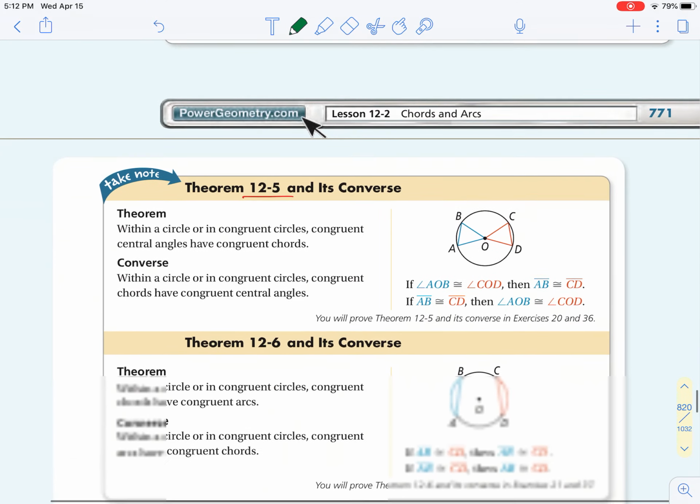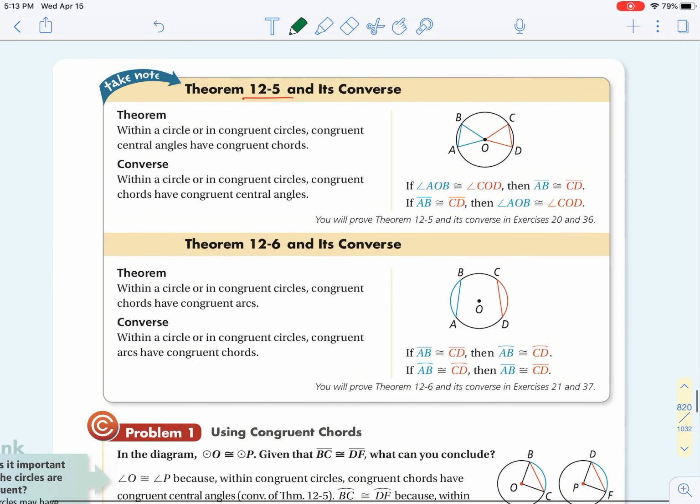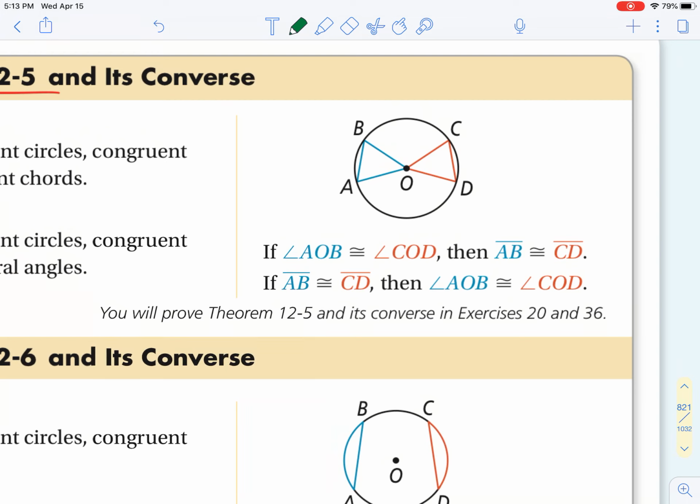Next, moving on. We got a couple theorems here. We're going to take that same theorem in regards to angles. So again, this is our central angle because the angle is created off that center point called the center. Oh, this kind of looks like a face, how funny.